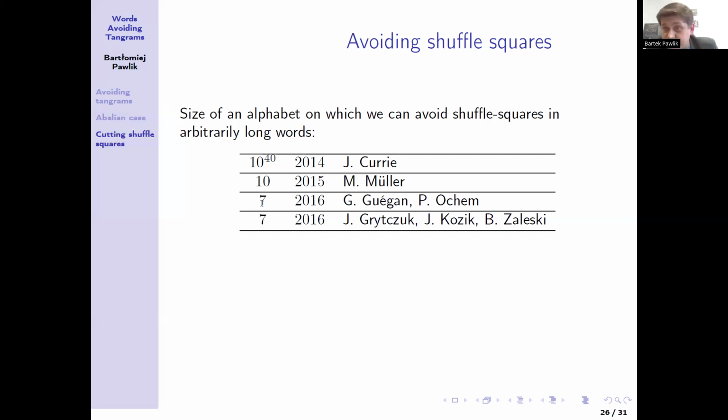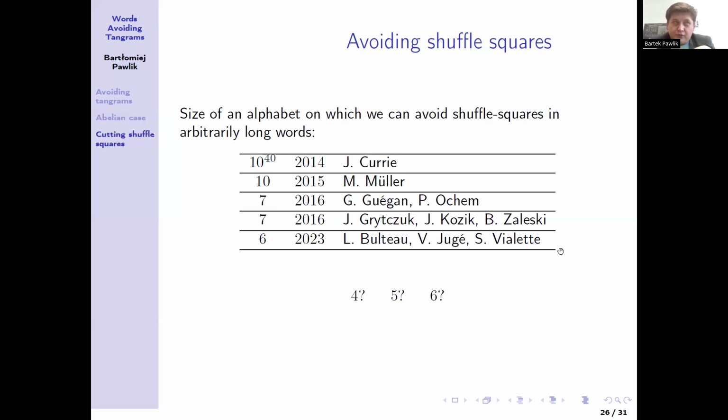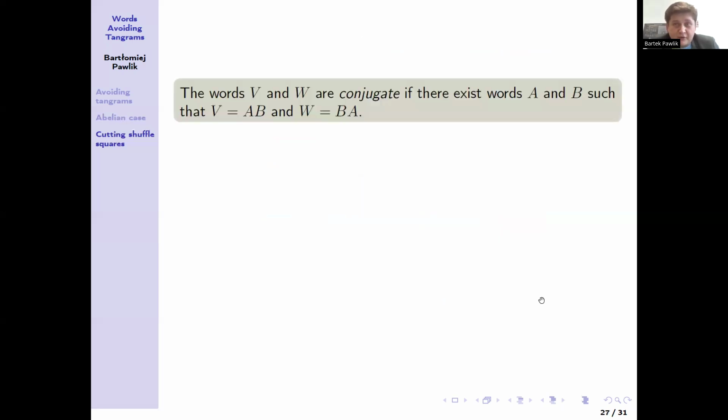Grytczuk, Kozik and Bartosz Zalewski did 7 at a similar time. And two years ago we got a better estimate of 6, by Bhutto and co-authors. And we know that it's greater than 3. So as I know, the current state of knowledge is that the least size of an alphabet on which we can avoid shuffle squares is 4, 5, or 6. And that's all for now about the avoidance.